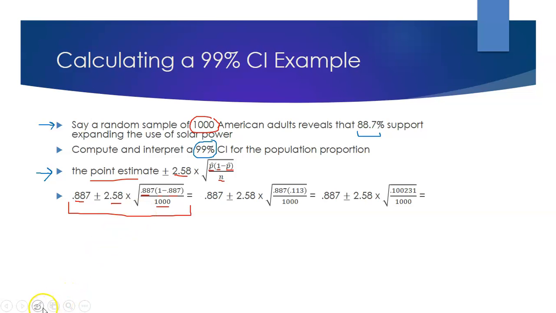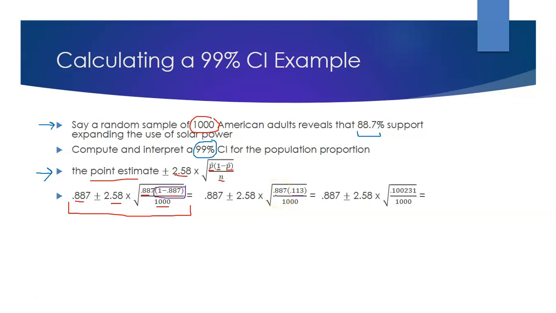So the very first step, following the order of operations, is to solve 1 minus 0.887. That gives us 0.113. Again, everything else in the equation stays the same. We're only focusing on solving the standard error right now. Once we do that, the next step is to multiply the values in our numerator.